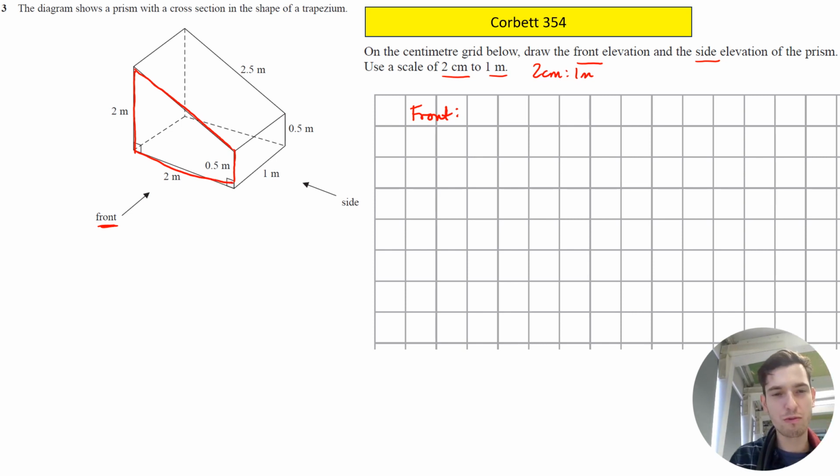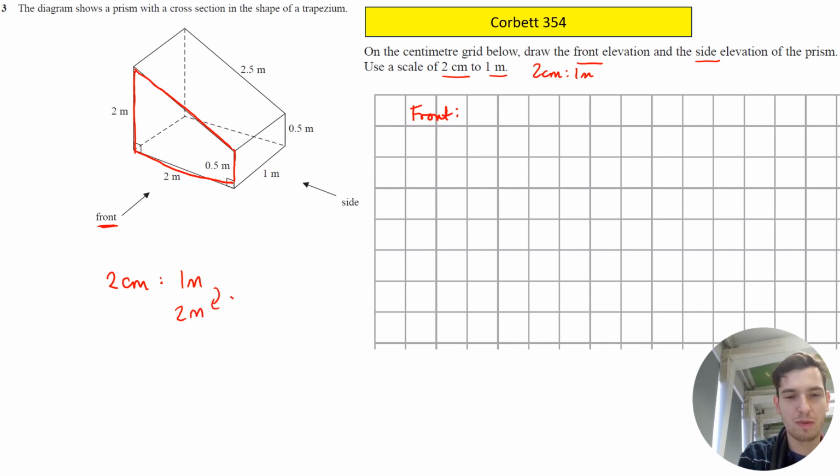But before I draw that on the grid, I need to think about my scale. So it says here 2 meters, and I know it's 2 centimeters to 1 meter. So how many centimeters is 2 meters going to be? Well, using my scale factor, this is actually going to be 4 centimeters.